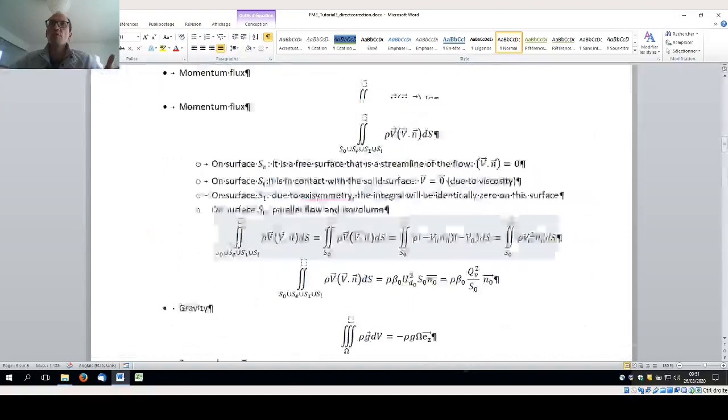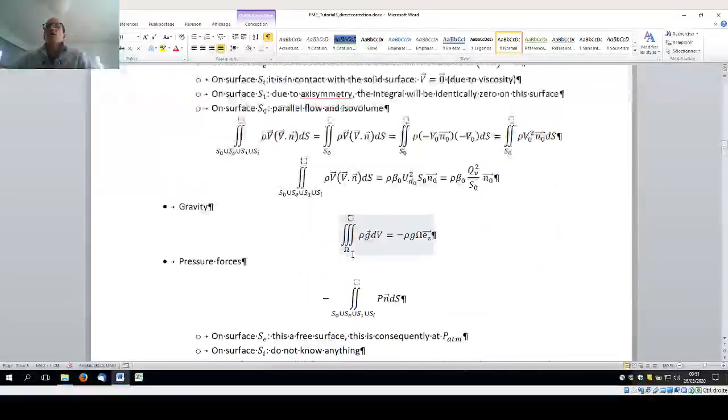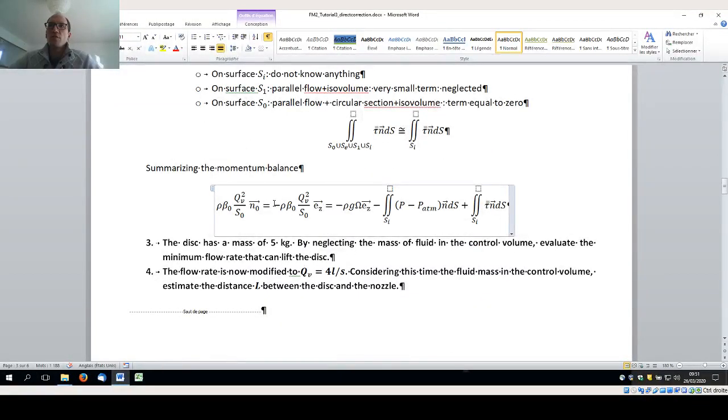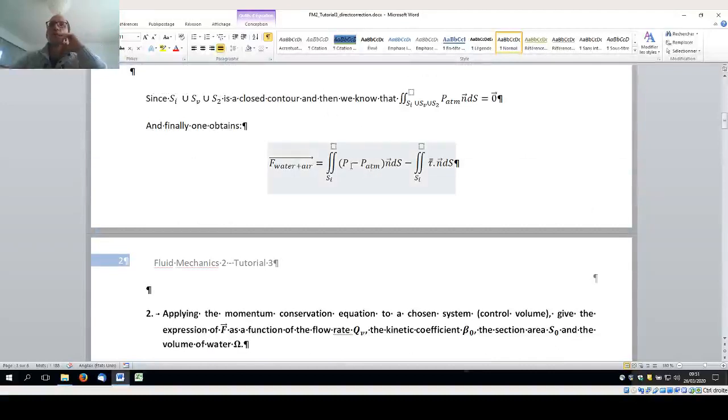We started from a complex equation with a lot of contributions, and we simplified everything we could. And in the end, what we obtain is that by having just information about the inlet flow, the mass here, we're able to express what's happening on the solid surface. And if you look at this expression, what is this? This is actually simply minus the force of water on air.